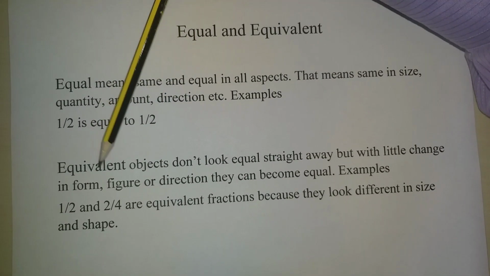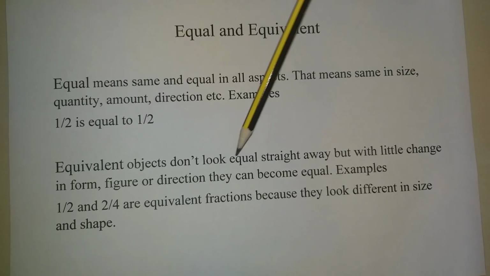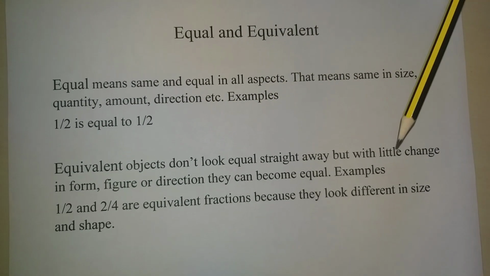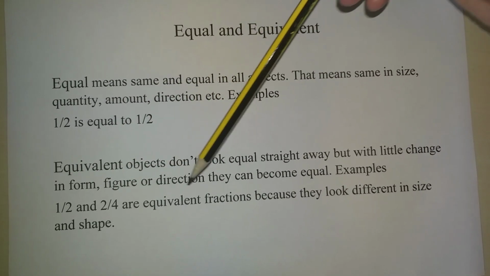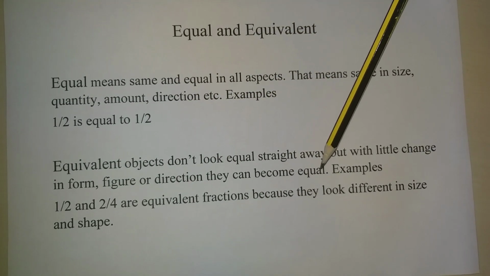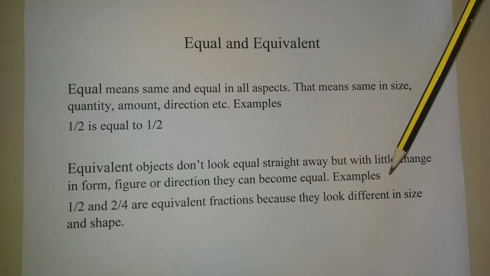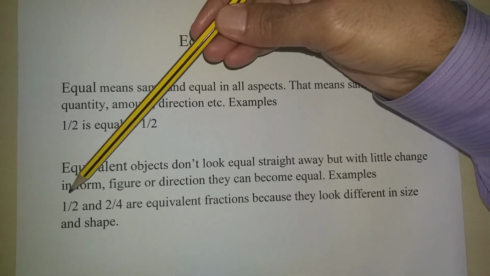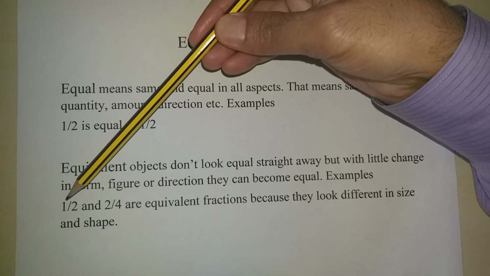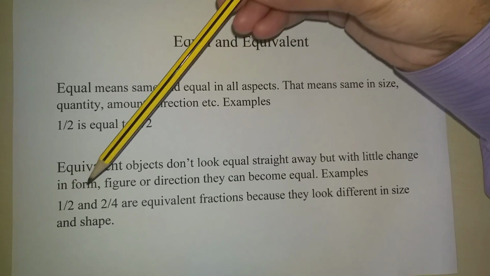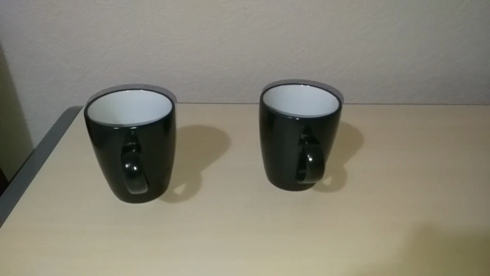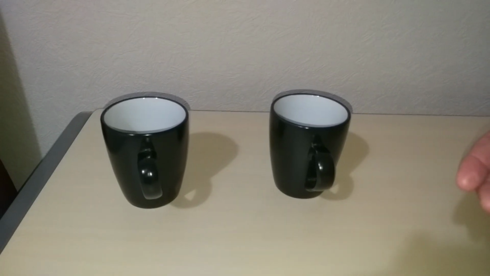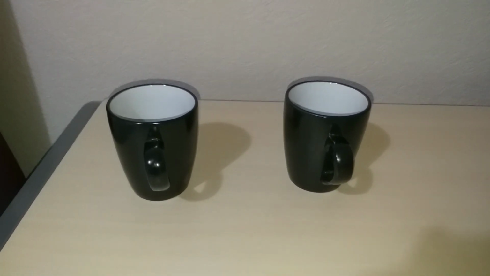And equivalent objects don't look equal straight away, but with little change in form, figure, or direction they can become equal. For example, if we look at these two fractions, 1 divided by 2 is equivalent to 2 divided by 4.